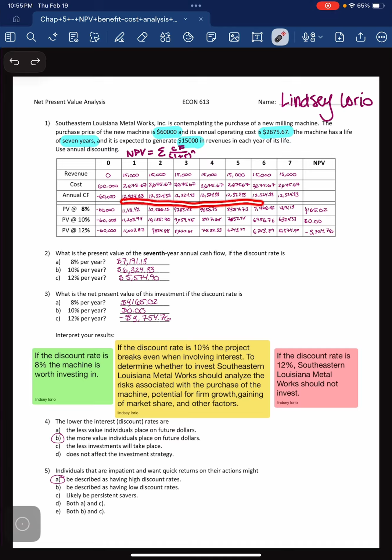We just looked at that all of them are the same for every year. And so they are all going to be this. But it's just this minus this.